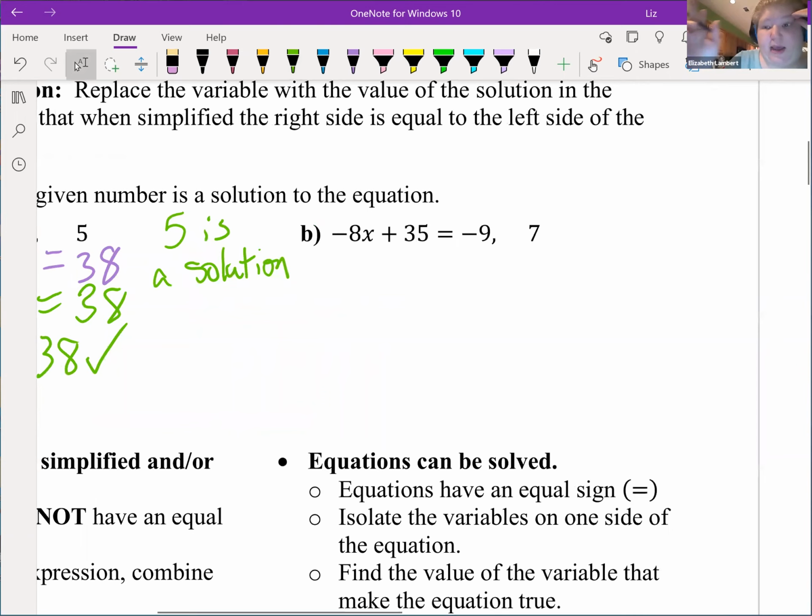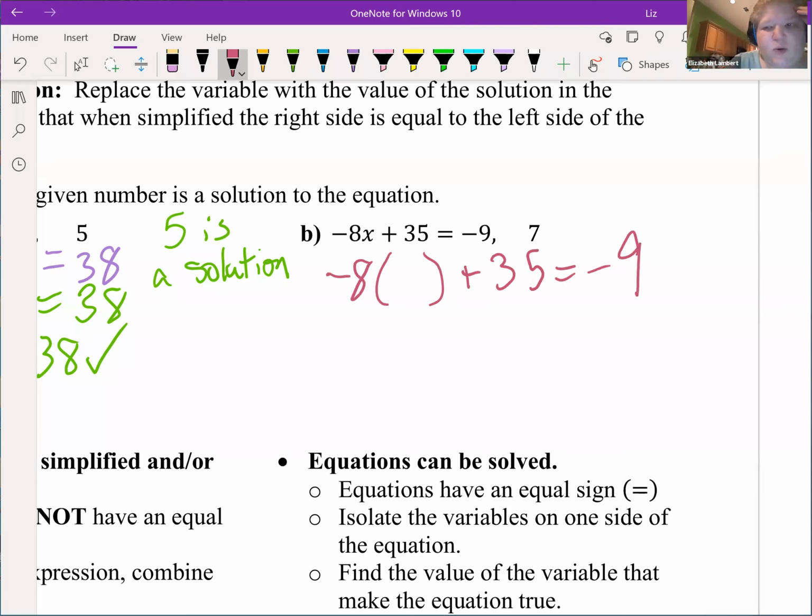Now, let's see what happens. I bet you know what's going to happen, but let's see what it looks like when it happens. So the -8, in parentheses, times 7, add 35 to that, and we're going to see if we get -9. Don't. But y'all knew that. All right, 8 times 7, that favorite last math fact, is 56.